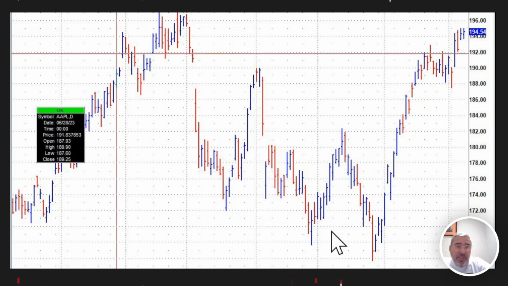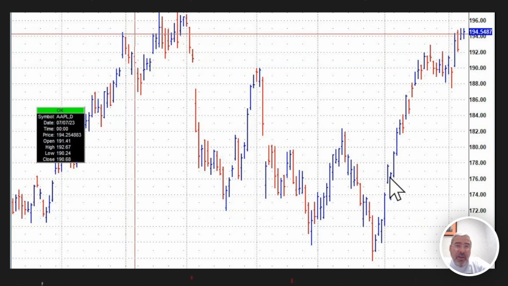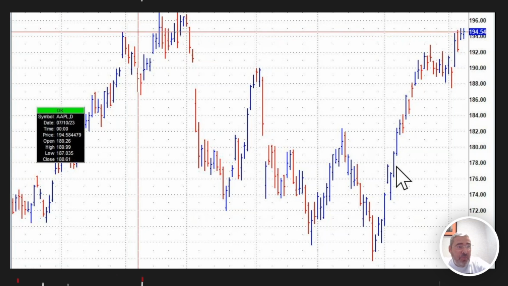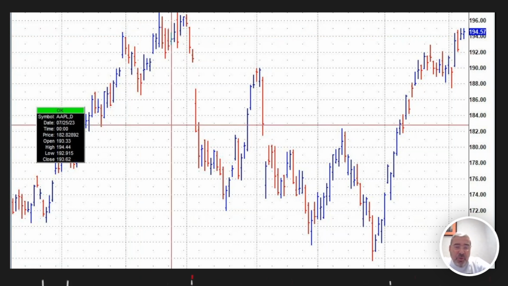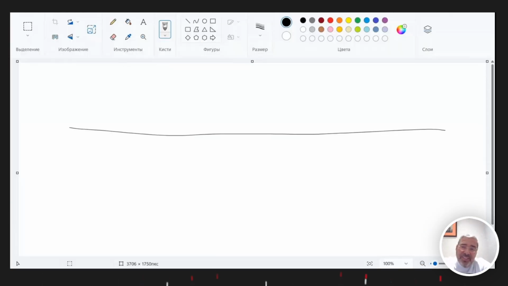So the high is 194.48. What does it mean for it to be taken? I'll show you in Paint and you'll understand. For the stock to break out, it has to make sure it's going to stay above the level.